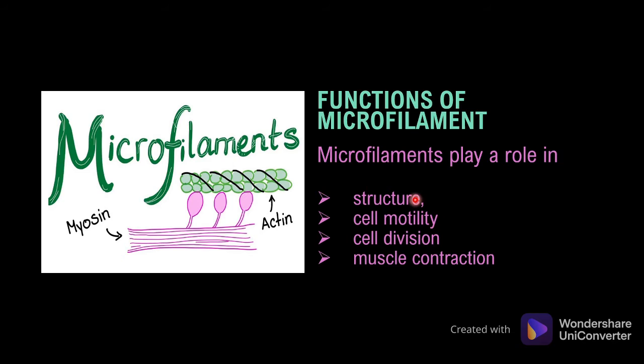Now the functions of the microfilament. The basic function of the microfilament is to form a dynamic cytoskeleton, which gives structural support to the cell and links the interior of the cell with its surroundings.